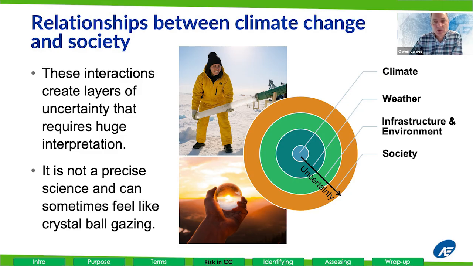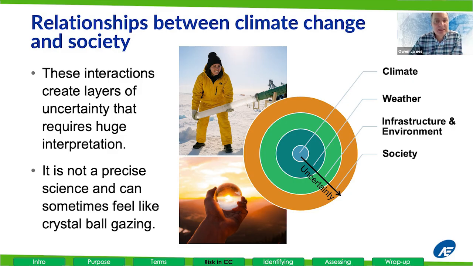As the uncertainty builds up between each one of these layers, it sometimes feels like we are crystal ball gazing. But with the improvements in science and ever more complex models, we can begin to reduce that uncertainty. And one of the things that we are doing is building up certainty in some of the trends. So reflecting that through risk management is also better than sticking our heads in the sand.